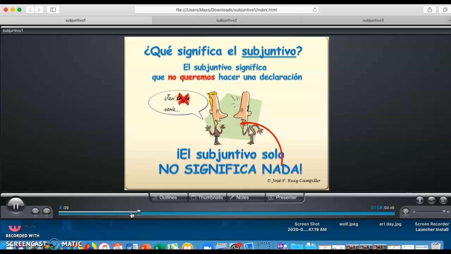That's why we talk about the independent clauses and the dependent clauses, because the subjunctive, the dependent clause on its own, has no meaning. So the subjunctive is always going to need a prior clause, the independent clause, in order to make sense.